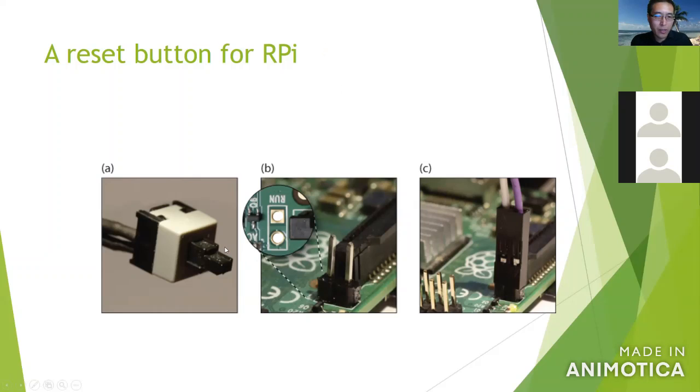In fact, we can use a button. This button can connect to the Raspberry Pi board. Let me see. There are two connection points here. Once you have this board, you can see. Right now, it's hard for you to see it.